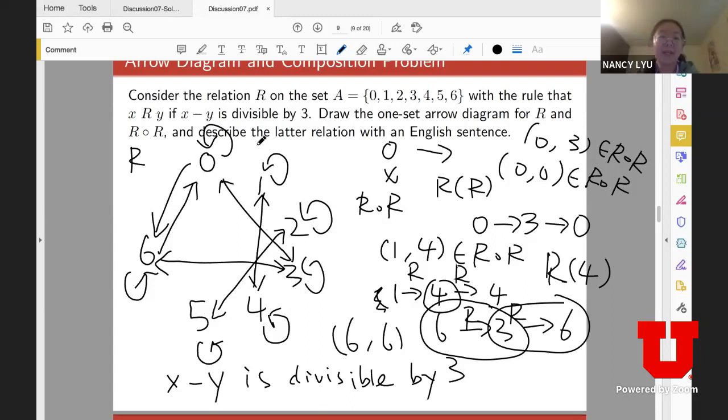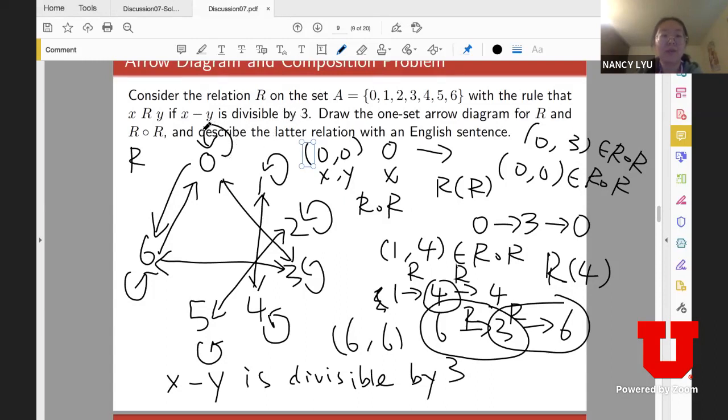Okay. So right here, this one, the arrow pointing to itself, 0 to 0, basically means this is your x and this is your y. So that means 0 minus 0 is 0, which is divisible by 3.